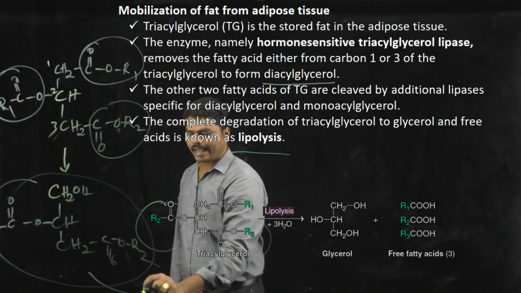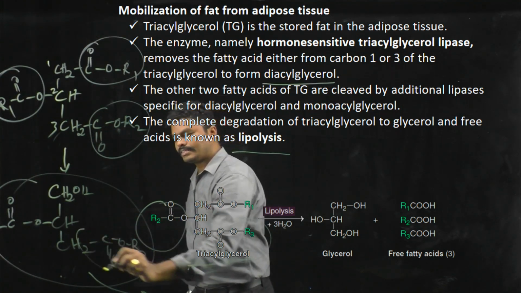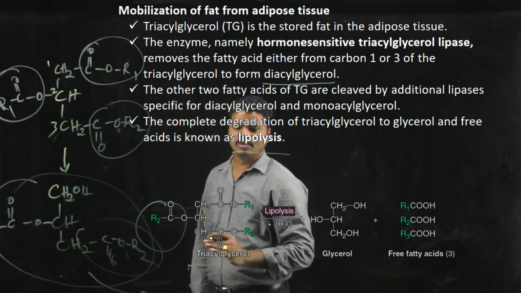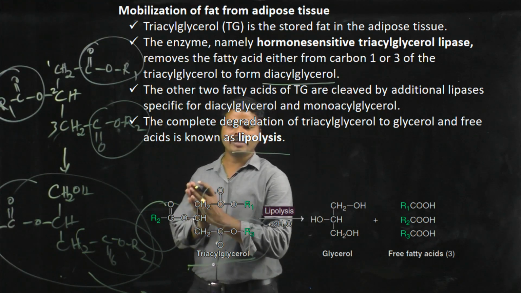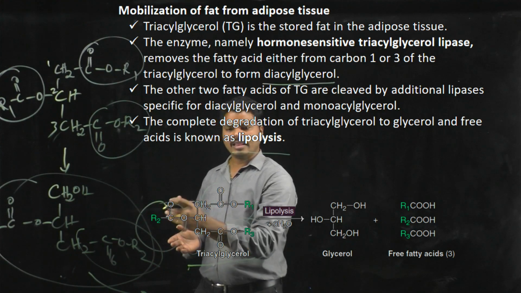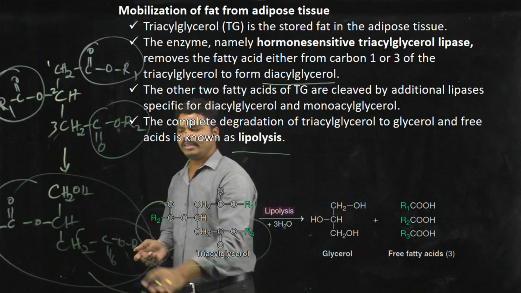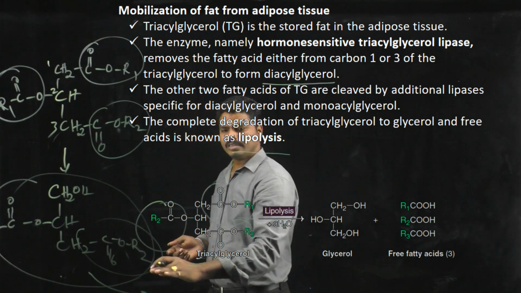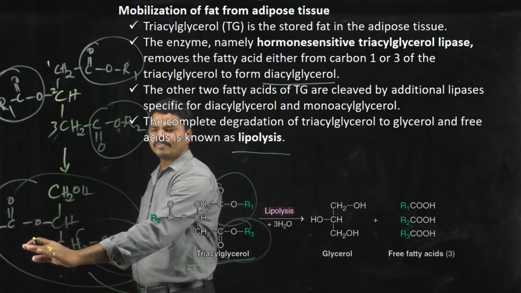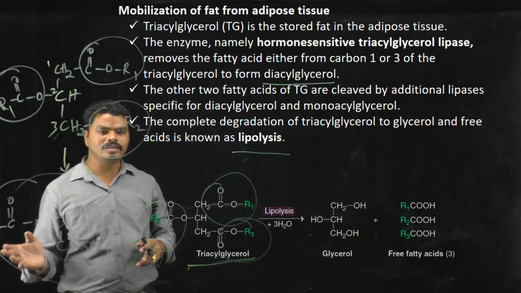Then by the action of lipases which are specific for diacylglycerol, when another acyl group is removed it is formed as the monoacylglycerol. So there are two specific lipases: one acts on the diacylglycerol and removes its acyl group, and another lipase specific for the monoacylglycerol removes the acyl group attached in the monoacylglycerol.